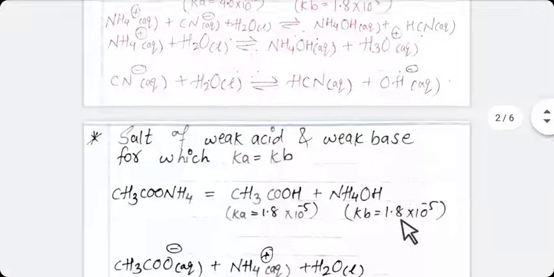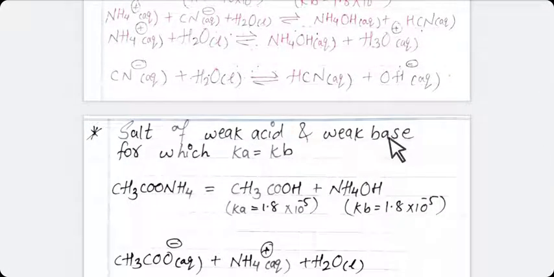The next salt is the salt of a weak acid and a weak base for which Ka is equal to Kb. For this type of salt we are using ammonium acetate, CH3COONH4. It is the salt of a weak acid and a weak base for which Ka is equal to Kb.